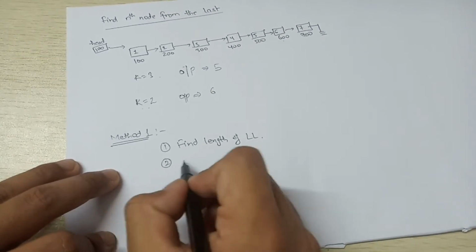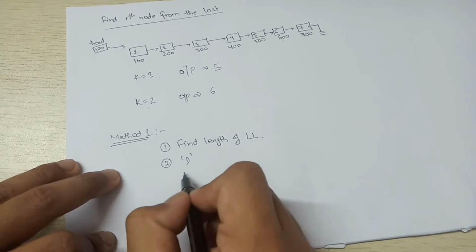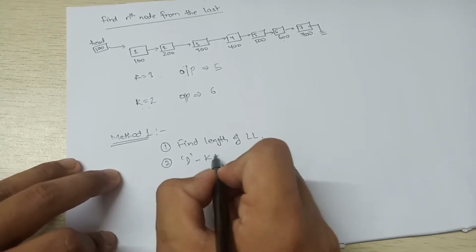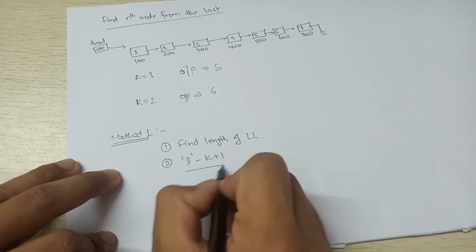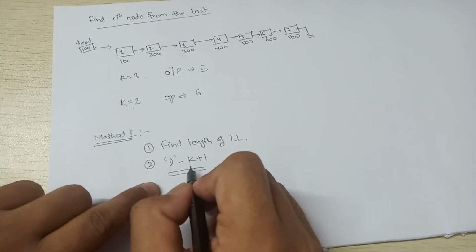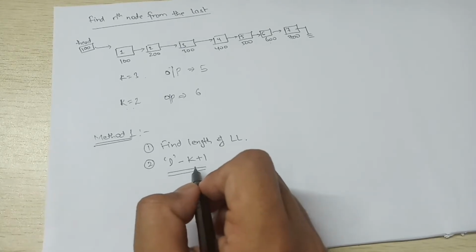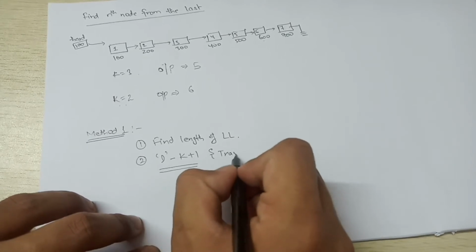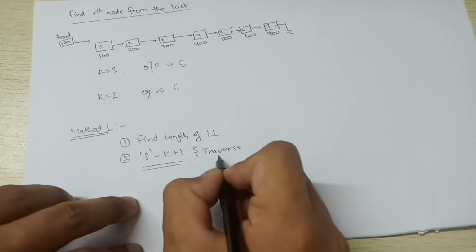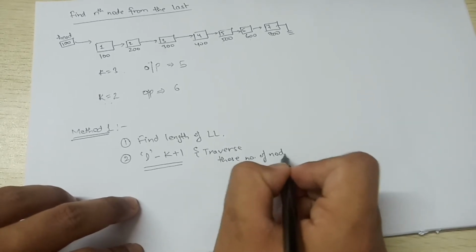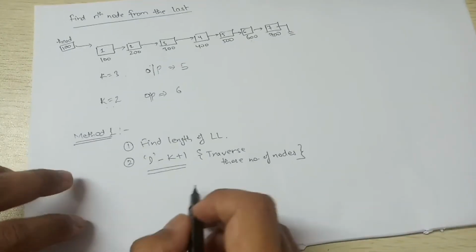Let's say the length of the linked list is L, then you compute L minus k plus 1. When you do that, you'll get the position of the kth node from the last. You have to traverse these number of nodes from the start, and you will get the output.